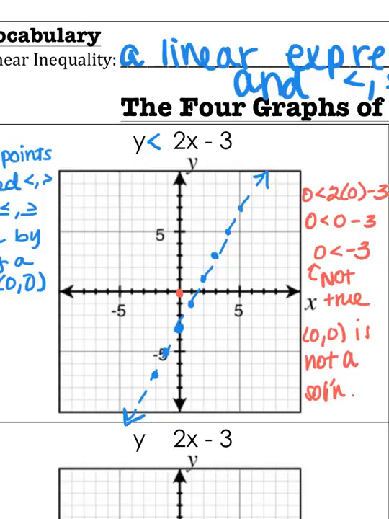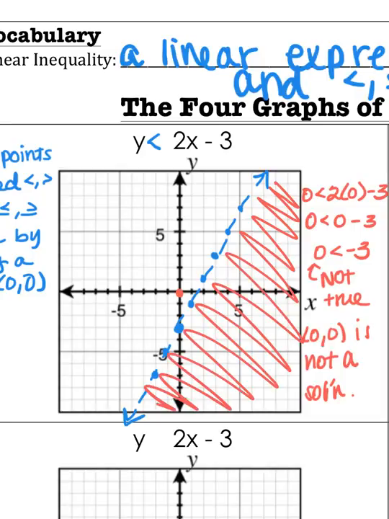So I'm shading one of those two. Because 0, 0 is in the top region, and it was not a solution, that means I need to shade the other region down here. And that is my solution. If you want to get into the habit of putting an R in your region, that would be good. We'll get there in 6.5, but just keep in mind that's coming.